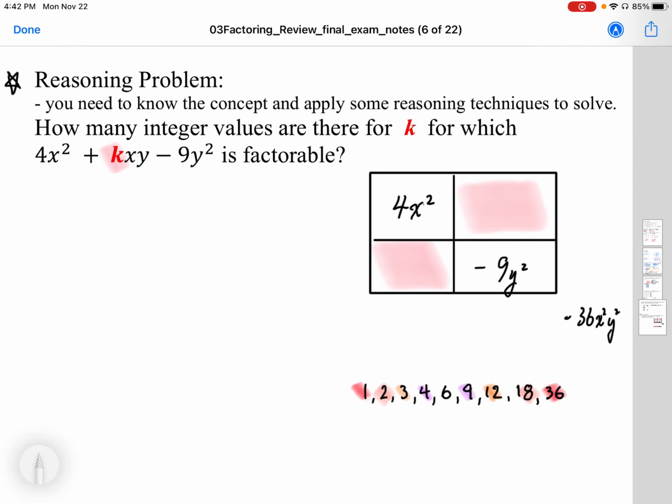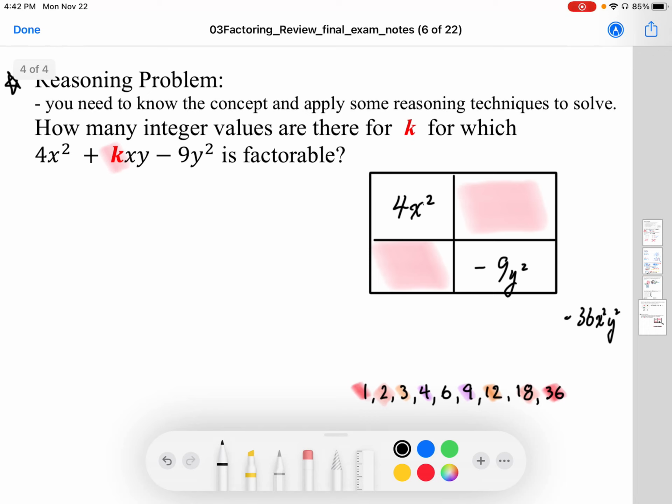In this case, because we have a negative, we know that we have to have minus on one axis and plus on the other to generate that negative 9y squared. So it's got to be plus something y and minus something y here. And again, we're going to get the x here, with some coefficient on the x. That's going to generate all the terms that we need.